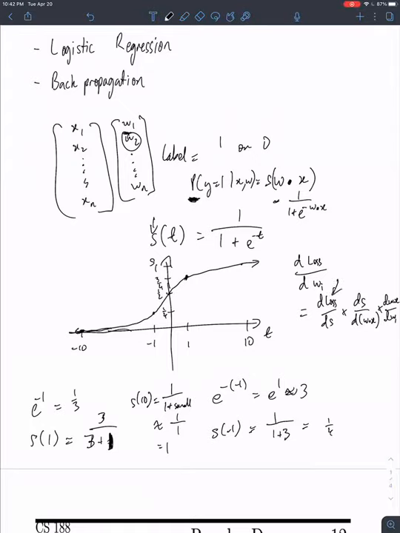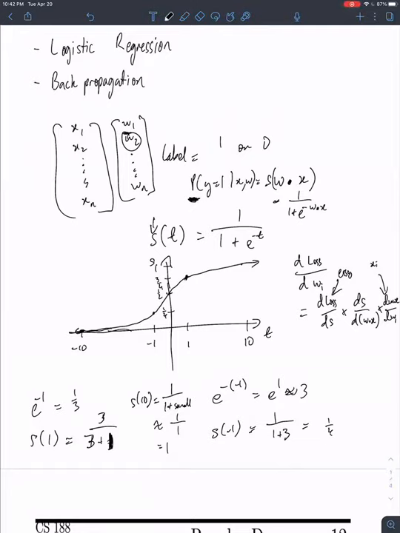So d loss ds is going to be where you can define your loss function, so this should be easy. And d w dot x on d wi, that's xi, right? Because it's xi times wi plus a bunch of things that don't involve wi.